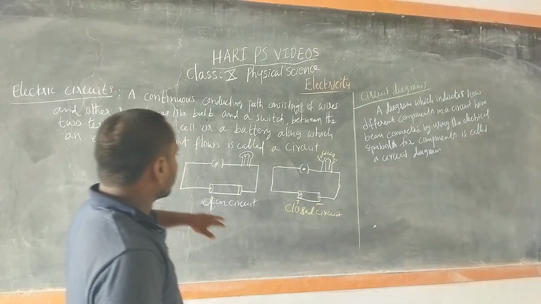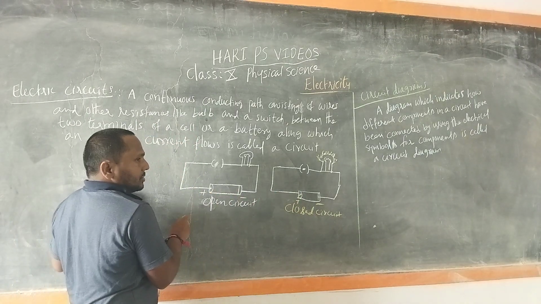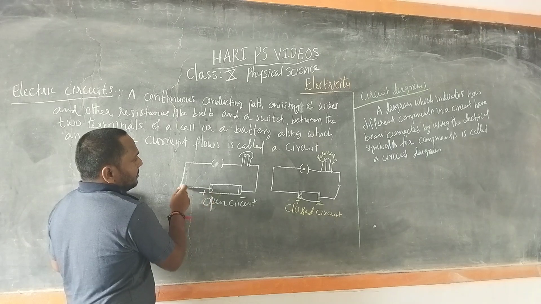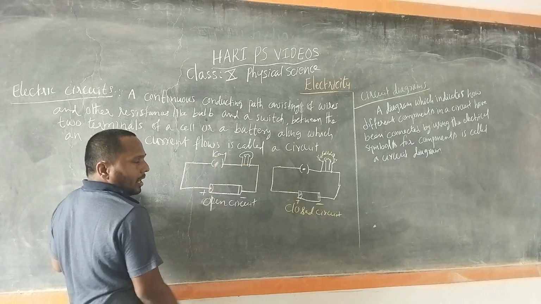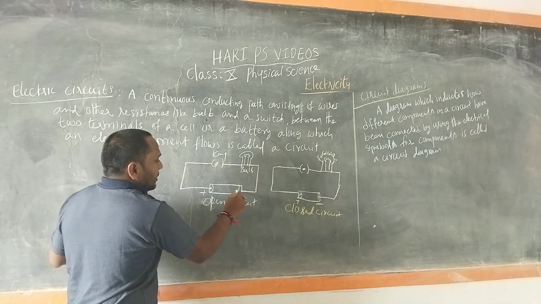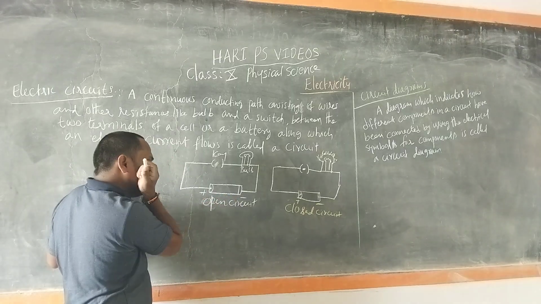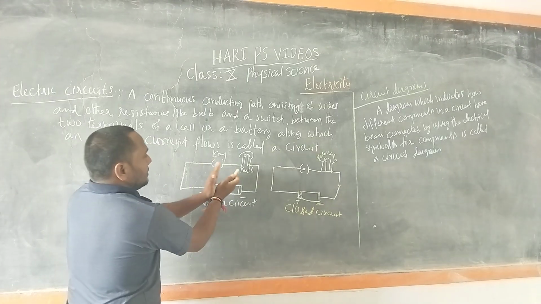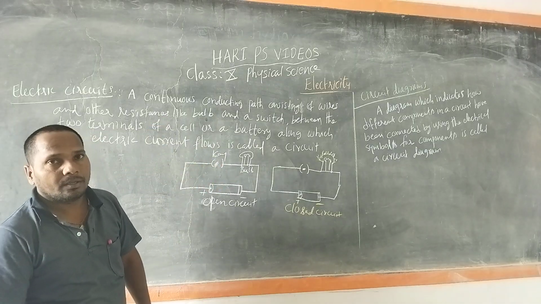So when a cell or a battery is connected with the other components like a key or switch and bulb between the two terminals of a battery, this is called an electric circuit.